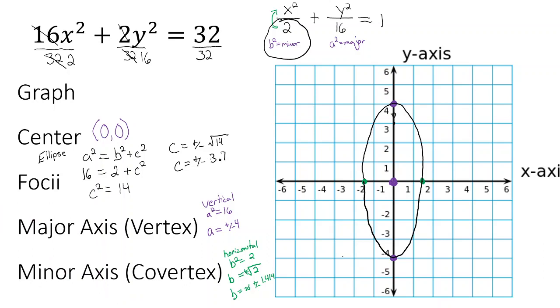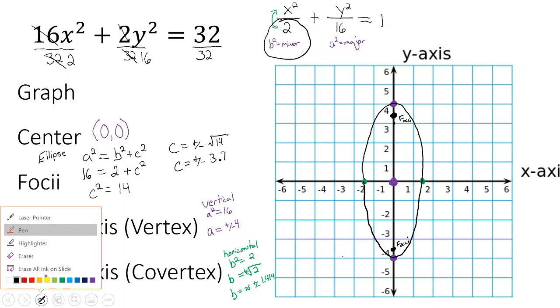So there's a foci there, and a foci way down here. All right. The purple dots there are the major axis, except for the center, which I've also got as purple, and the green dots are the minor axis.